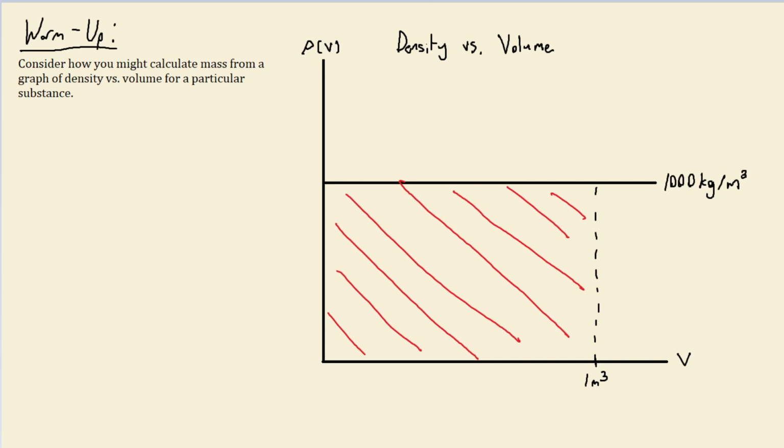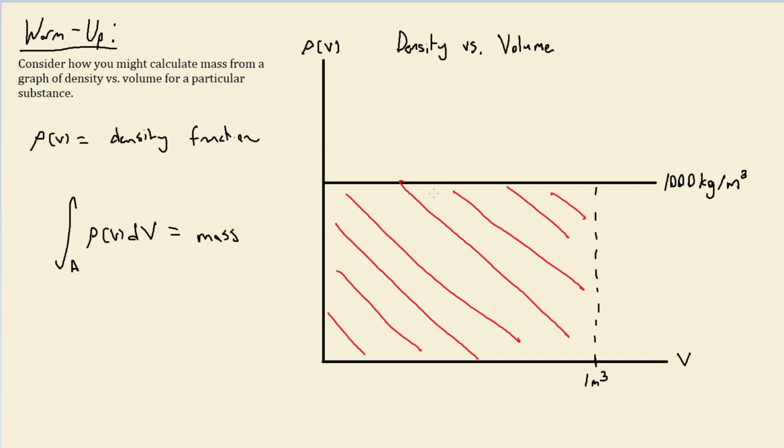And so the point here is that if we had a density function that was changing with respect to the volume, and so let's say we had some function here that represented the density. This is a density function. If we were to integrate over this density function over some interval with respect to the volume, we would get the mass.